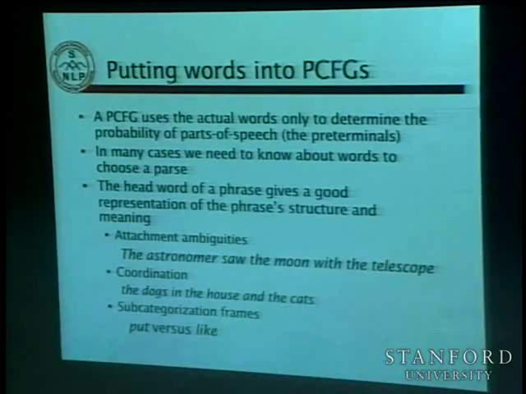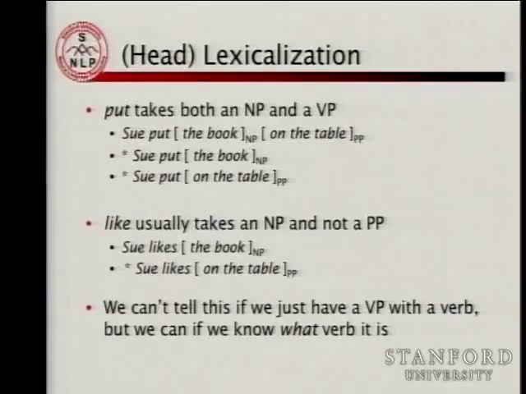And the third example is working out the structure of verb phrases, which I show on the next slide. When you're building verb phrases, what kind of verb phrases are likely depends a lot on what the head verb is. So a head verb like put really wants, and almost always has, both an object noun phrase and a prepositional phrase after it.